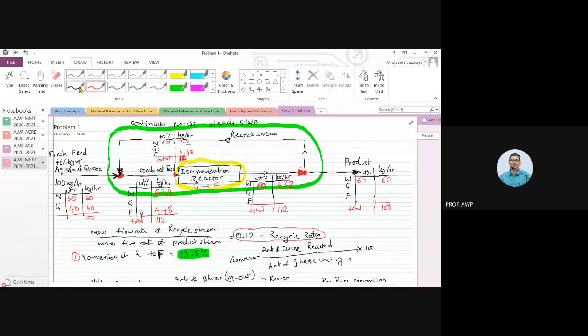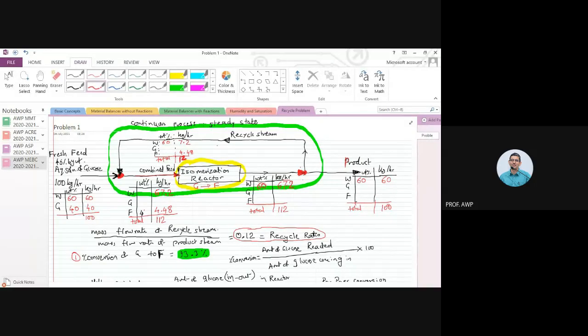Now we are almost there. Look at the combined feed again. Total is 112 kgs per hour. 67.2 kgs per hour is water and 4.48 kgs per hour is fructose.